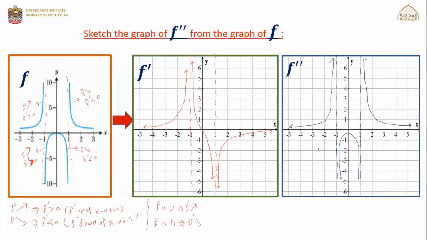Because it's concave down, f double prime will be decreasing here. Also, you can put this point anywhere you want, down of x less than 0. Here or here or here, it's okay. It's just a sample of a sketch. That's it.